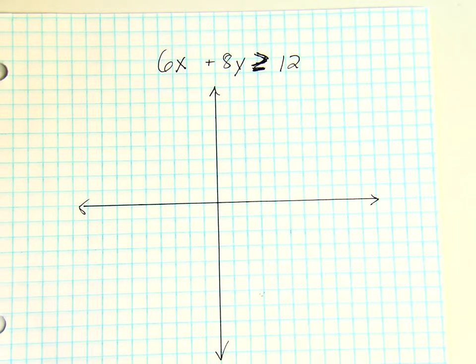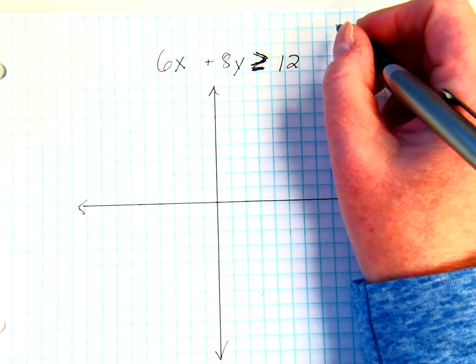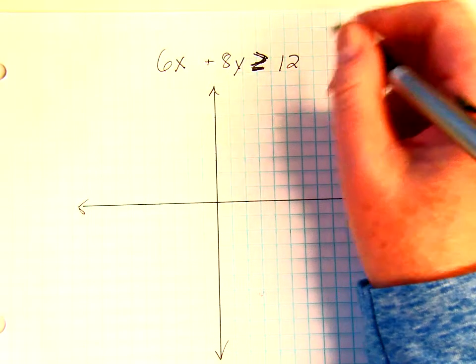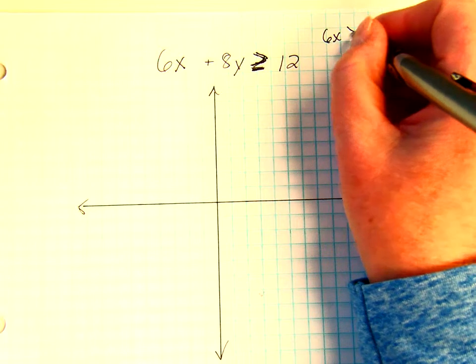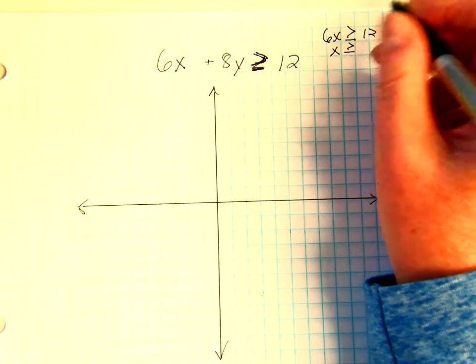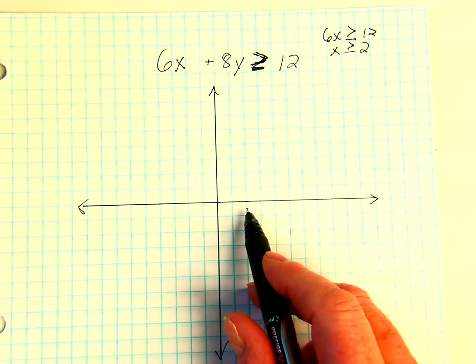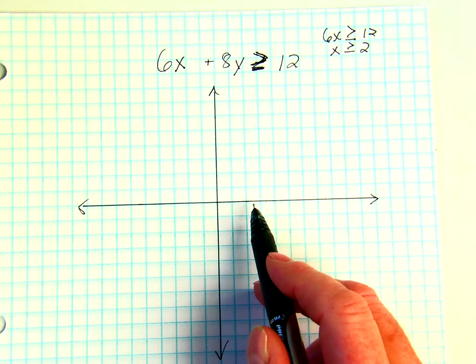It's just easier when we're talking about our lines greater than or equal to. No, let's go ahead and do standard form. So 6x greater than or equal to 12, and so x is greater than or equal to 2. So x, I'm at 2. See, that's where it just doesn't work out that well.